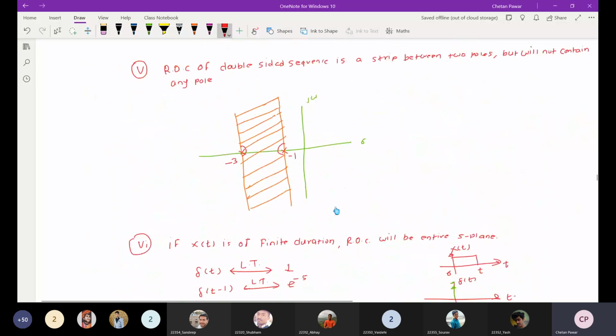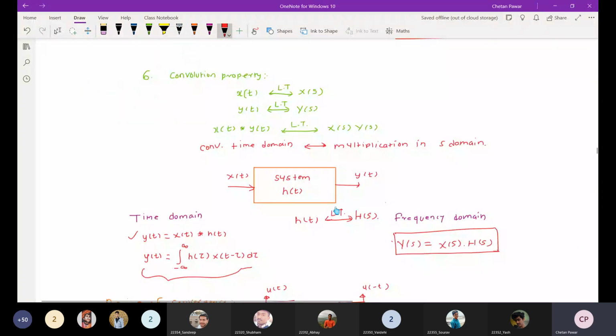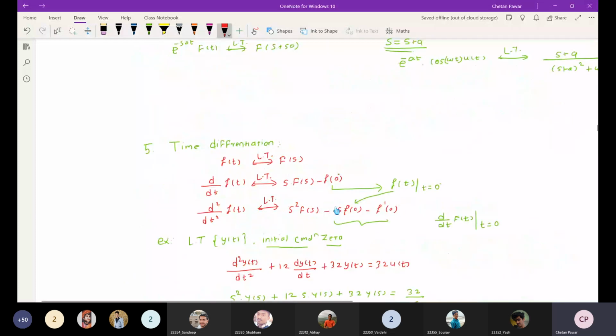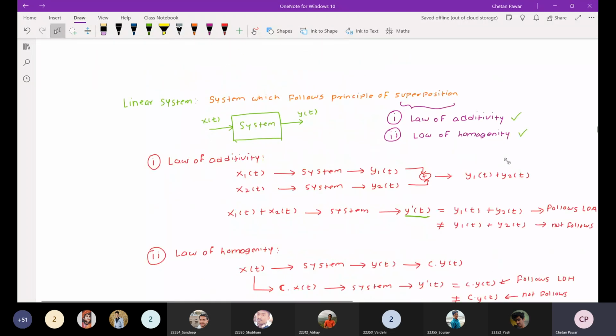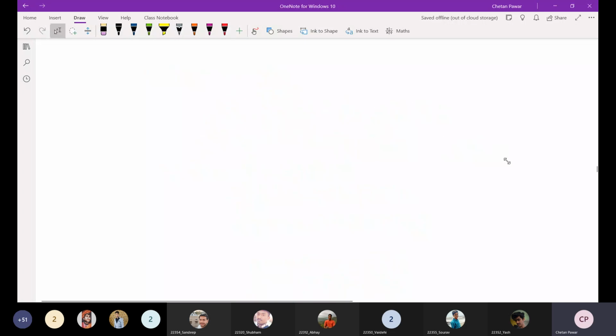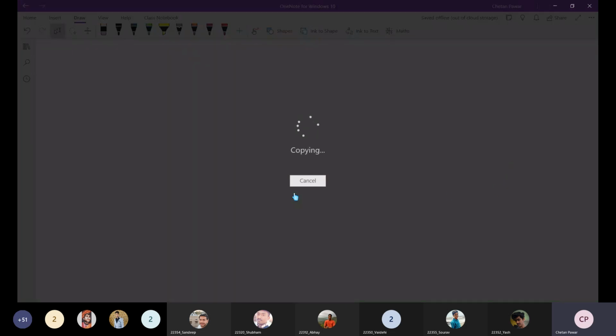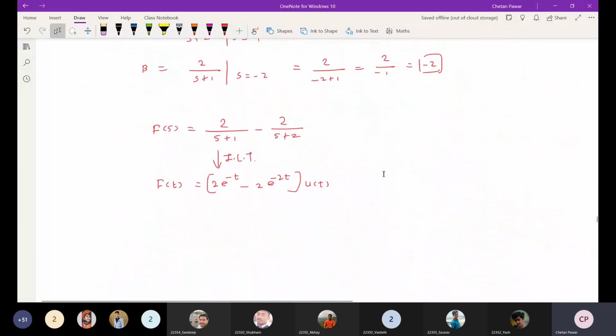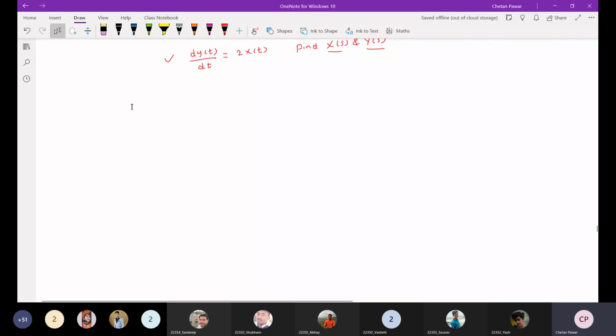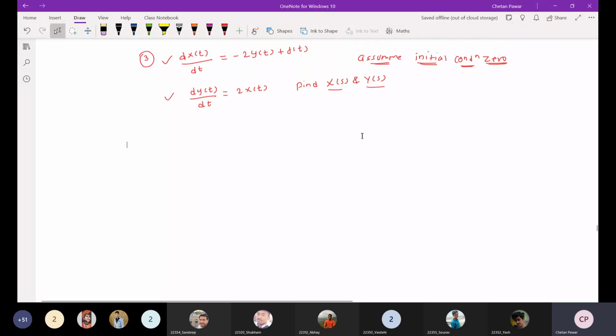So we are just using the differentiation property in this. So now if we see the time differentiation property, you just need to use this time differentiation property here and you need to find out this.